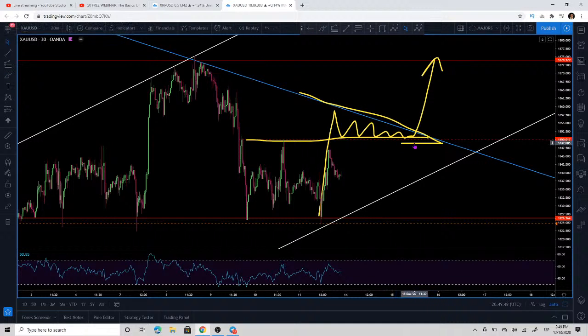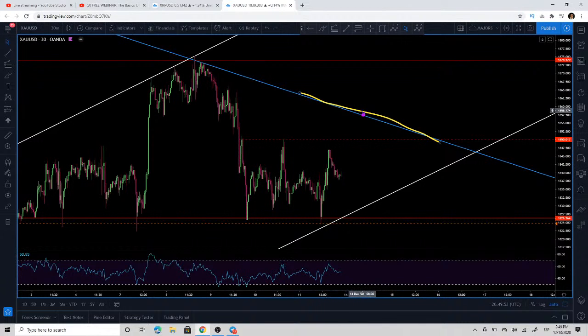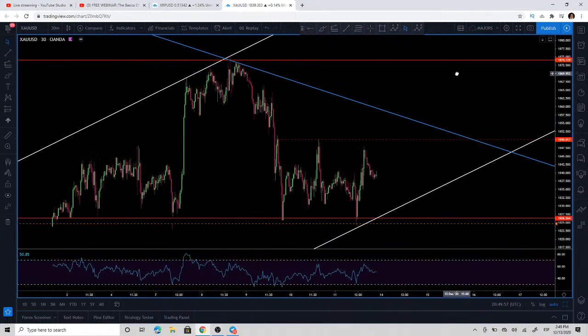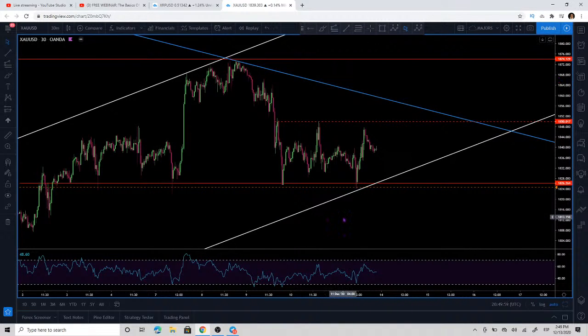That's my plan. If you trade differently and you can find a different entry in gold, that's fine with me, but that's my plan. Everything is also looking very divergent to the upside on the lower time frames, in the sense that we have flat lows and higher lows printed on the oscillator on the lower time frame.